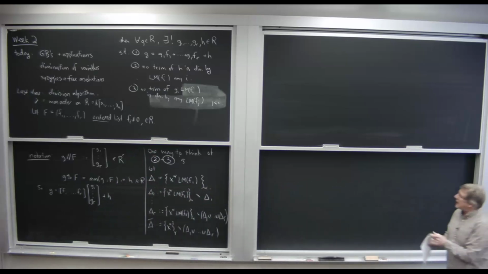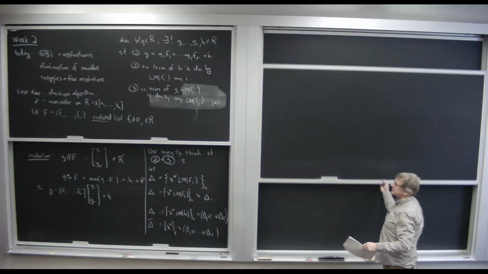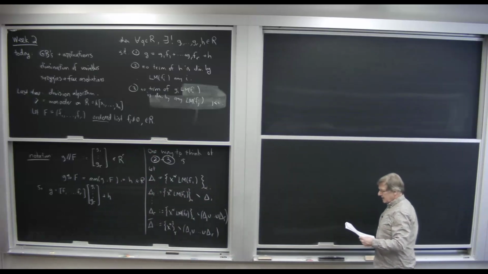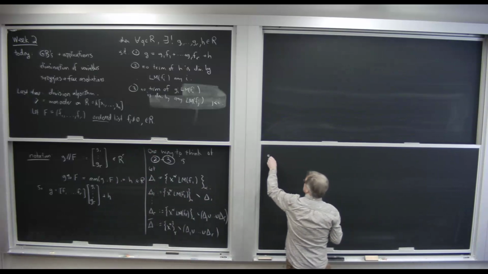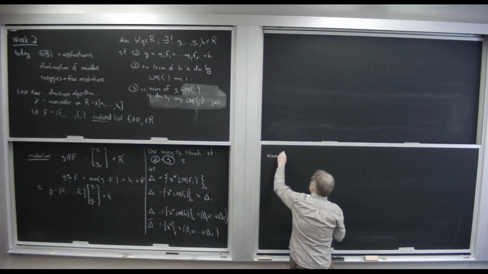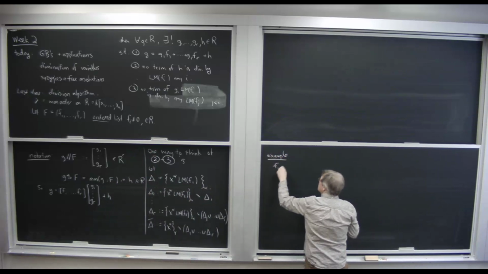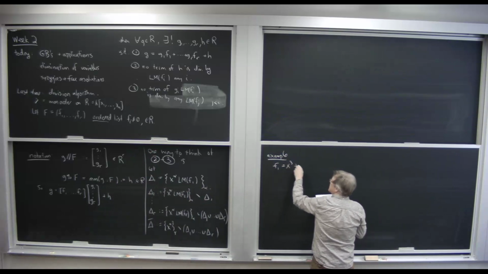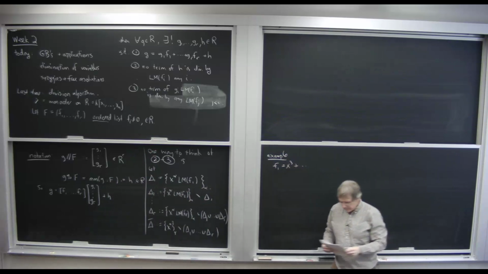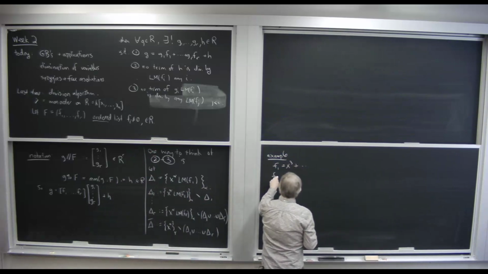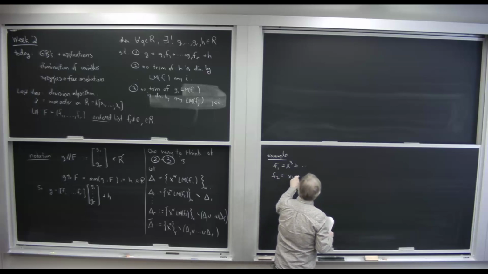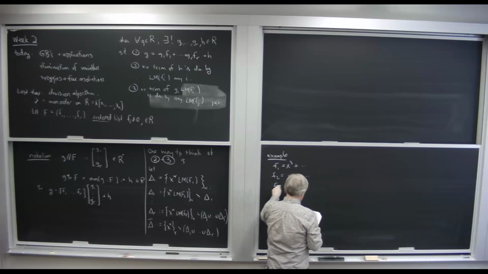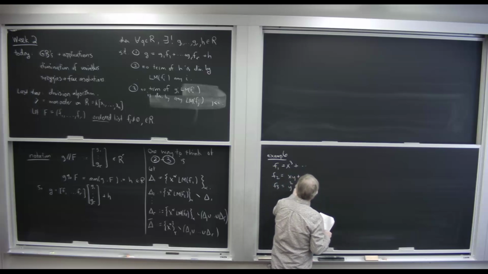Now, one way that you oftentimes look at these things is via the following example, a reasonable example. Let's suppose that F1 is equal to x cubed plus some lower terms, F2 is equal to xy plus some lower terms, and F3 is equal to y squared plus some lower terms.